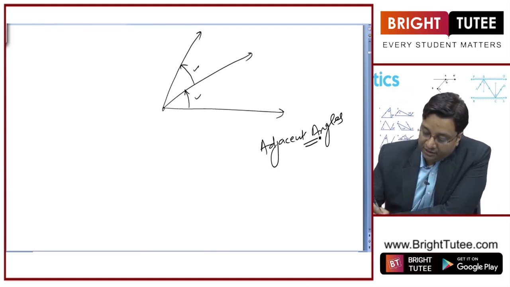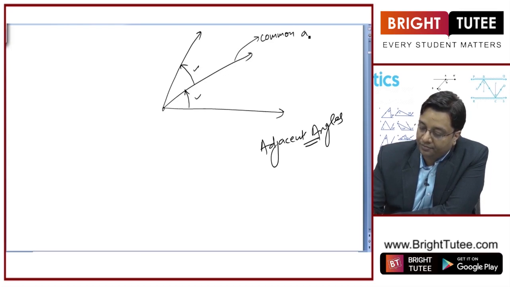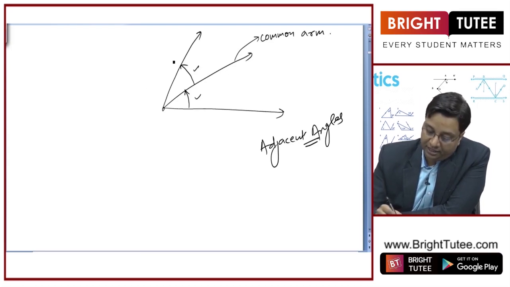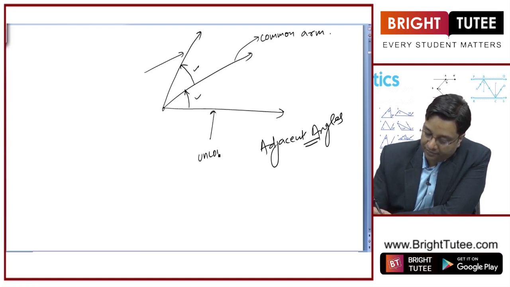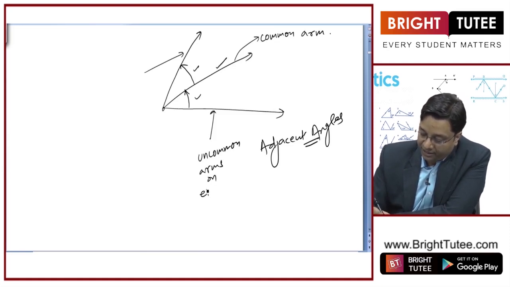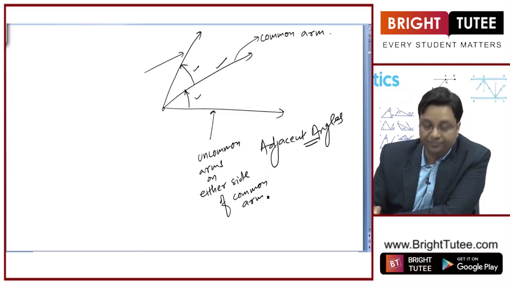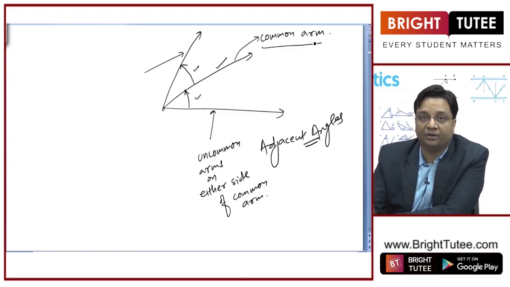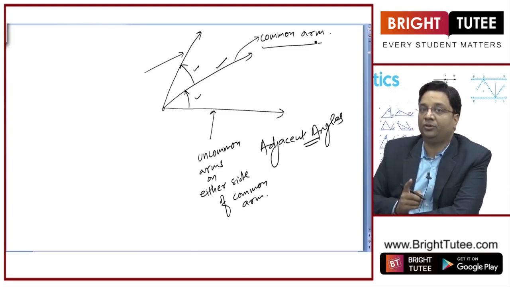These two angles will have a common arm, and they will have uncommon arms on either side of the common arm. They should not be on the same side of the common arm. In that case, these will not be known as adjacent angles.